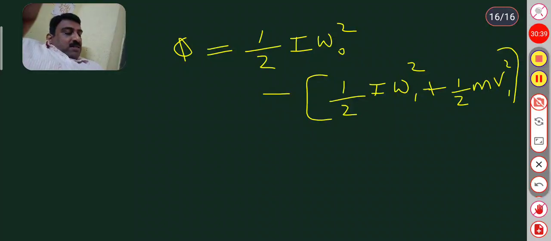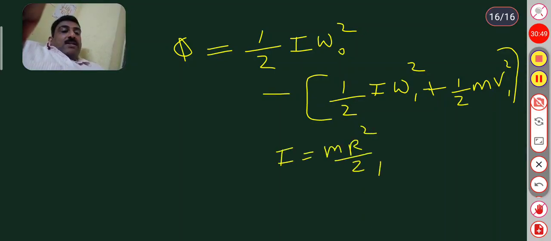Here I is equal to m R square by 2, and omega 1 is equal to omega naught by 3.